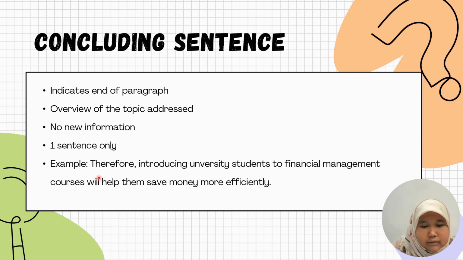An example of a concluding sentence is: therefore, introducing university students to financial management courses will help them save money more efficiently. Basically, the concluding sentence is to backtrack to your main point so that the reader knows what you're talking about, and your paragraph won't be messy. Okay, so that's the concluding sentence.